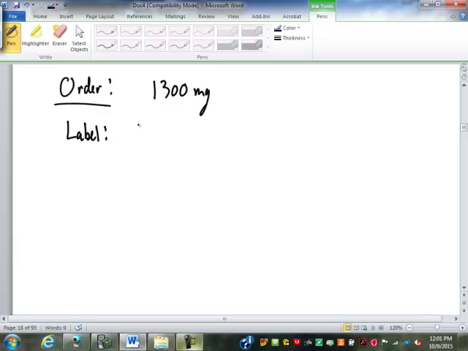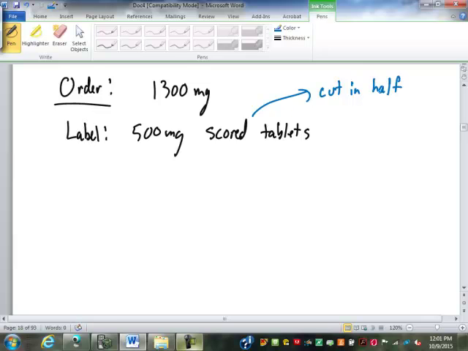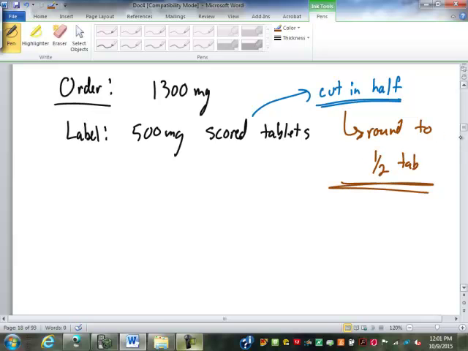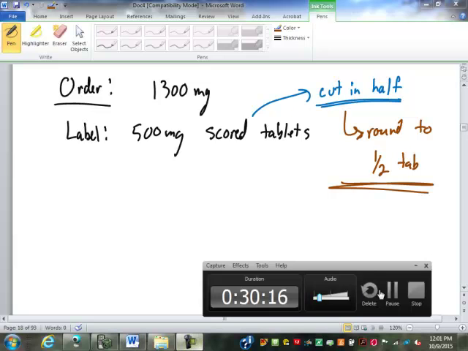The label is for 500 milligram scored tablets. Scored tablets means that they are marked and scored so they can easily be cut in half. When you're using scored tablets, you're going to round to the nearest 1/2 tablet. So in your notes, see what you come up with for this one.